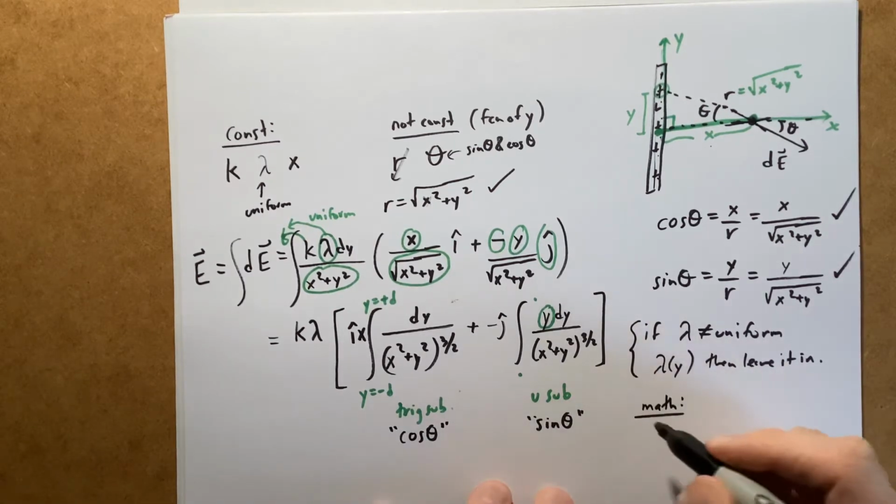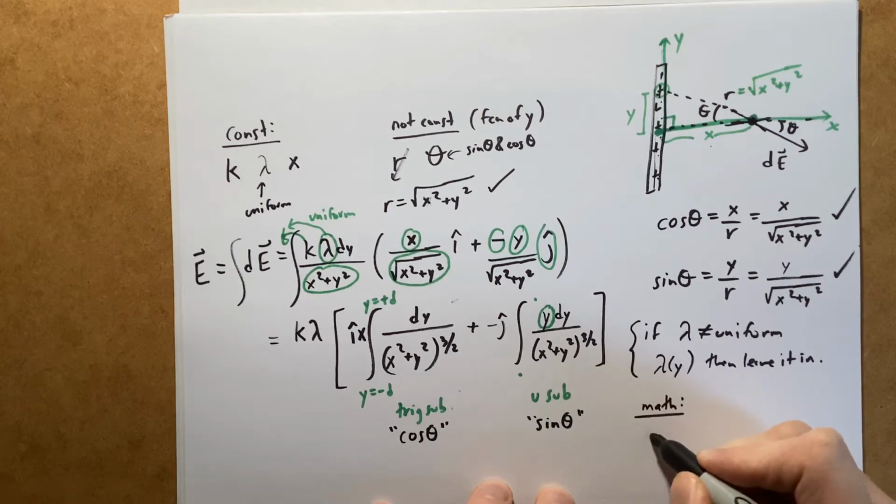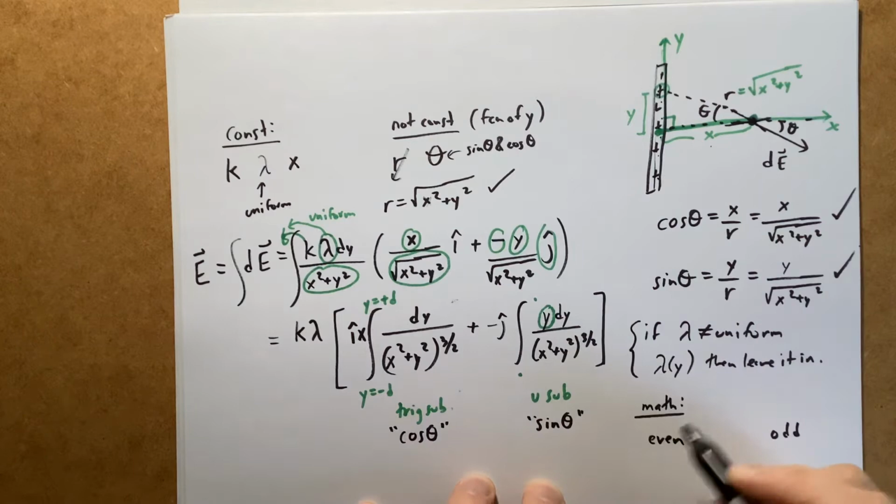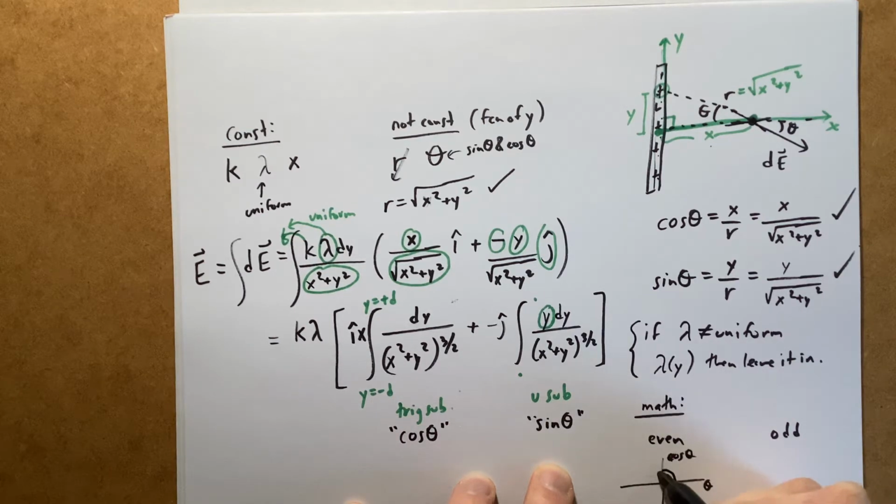So in math classes, there were things called even functions and odd functions. So an even function, like cosine, so cosine of theta versus theta. A cosine function is one that looks like a mirror image to the right and left of the origin.